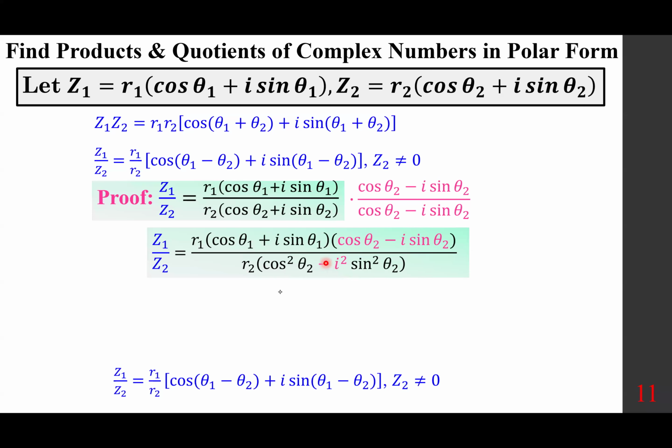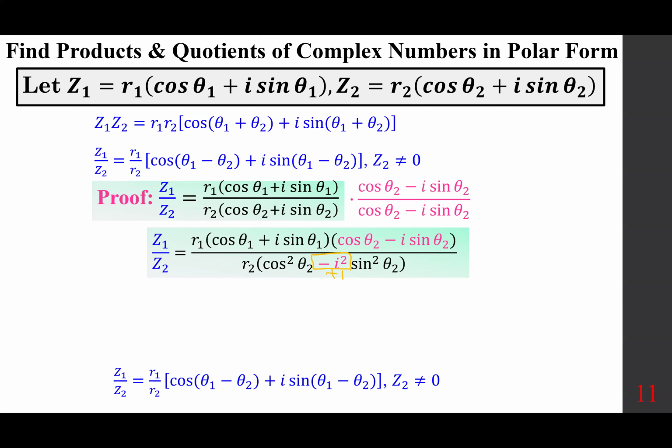This is plus. This becomes plus 1. And cosine squared and sine squared of the same angle or the same arc is 1. So the bottom, again, R2 times cosine squared of theta 2 plus sine squared of theta 2. That means R sub 2 times 1.